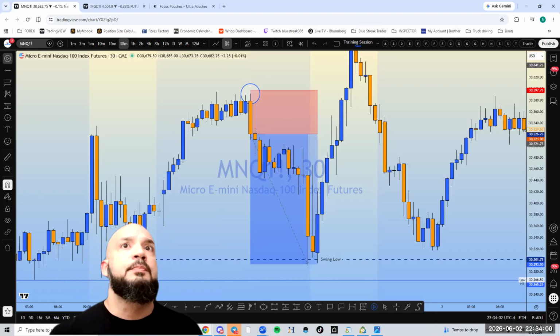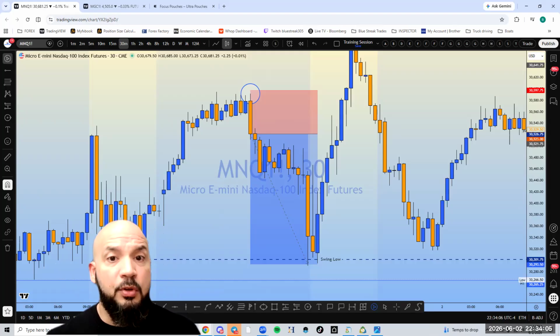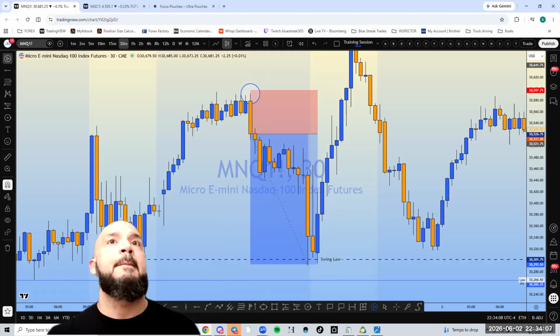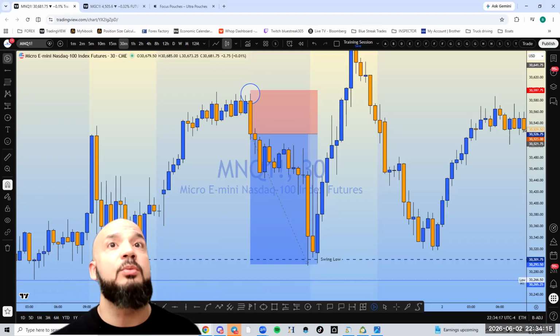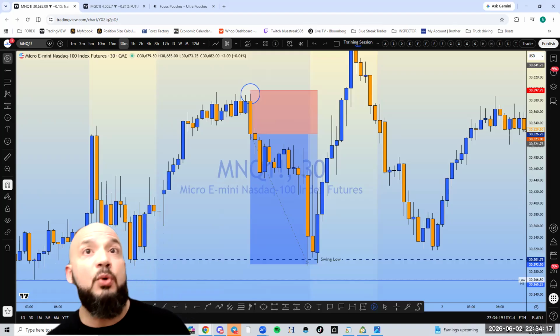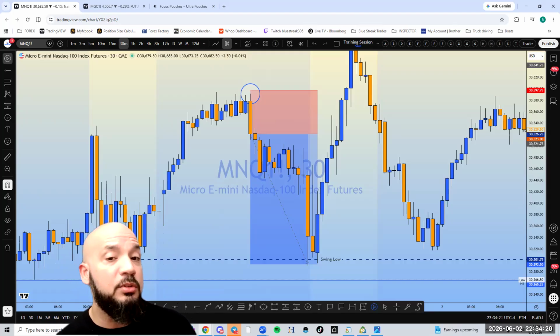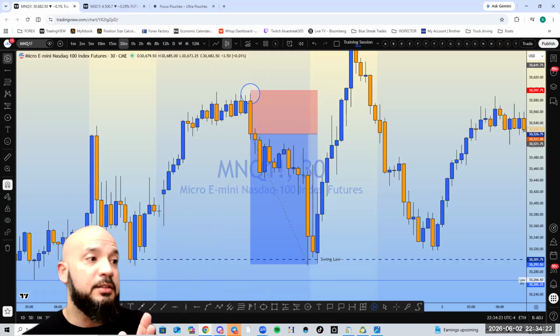So I've got some very simple rules for a very simple strategy. I only buy when market structure is bullish, when price retraces into the 618 zone, when a higher low forms. What is a higher low? It is the correction before the continuation.